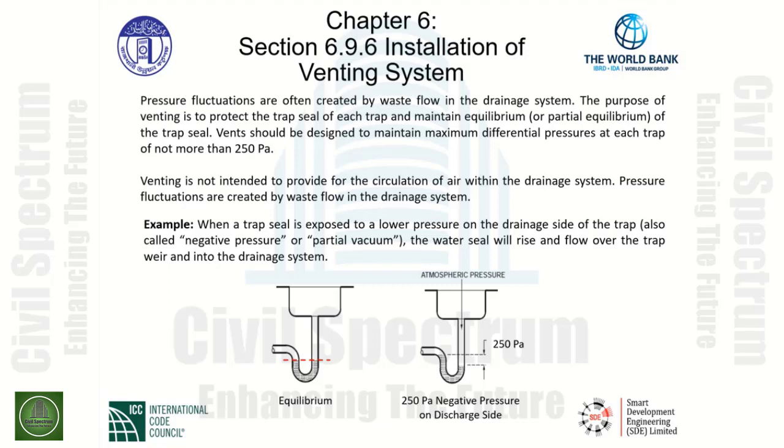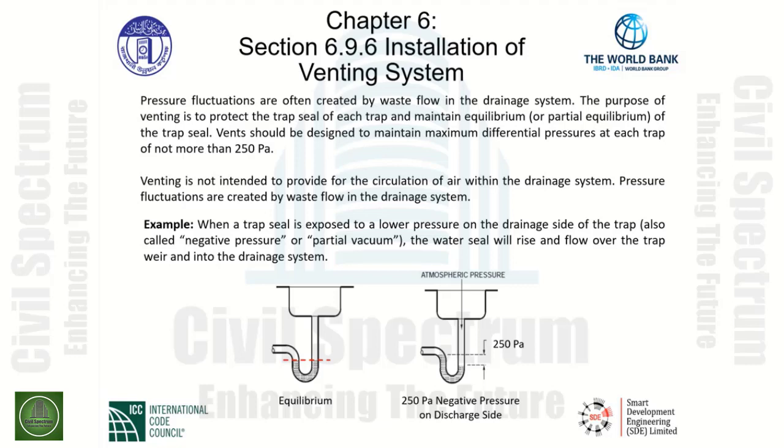The example shows a trap with a water seal at an elevation exactly the same on each side of the trap. We call that equilibrium. At this point, the trap is at its full seal height.